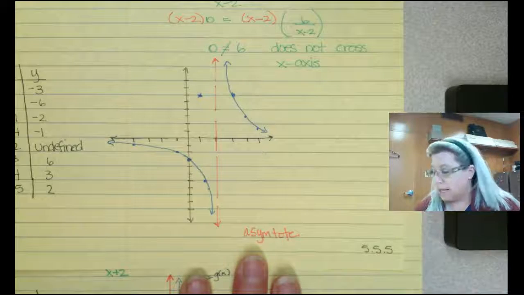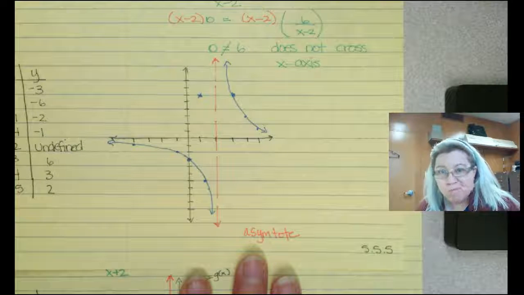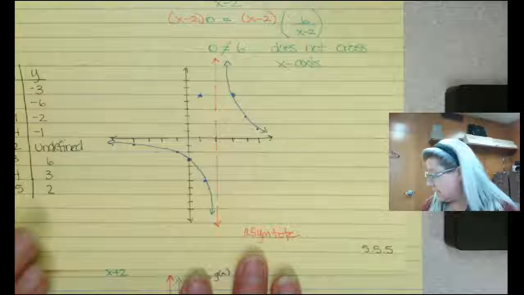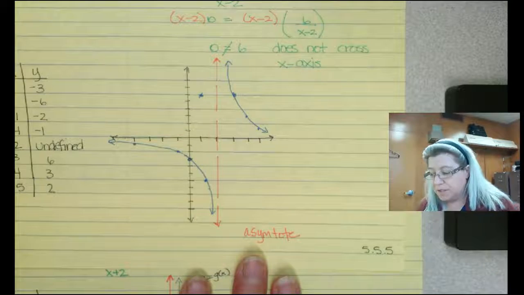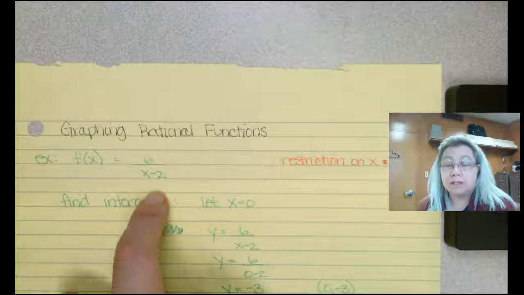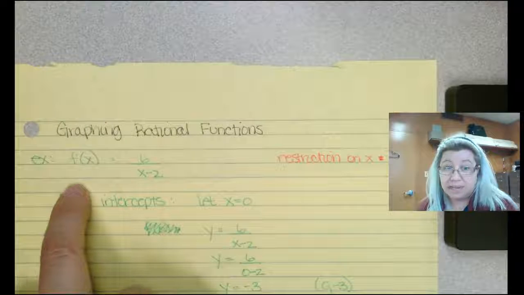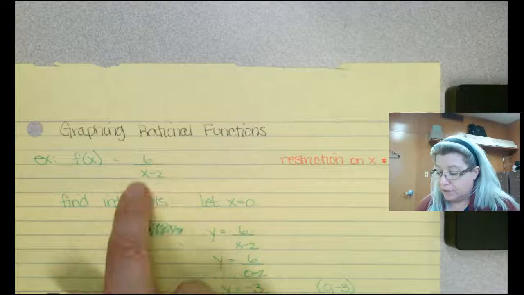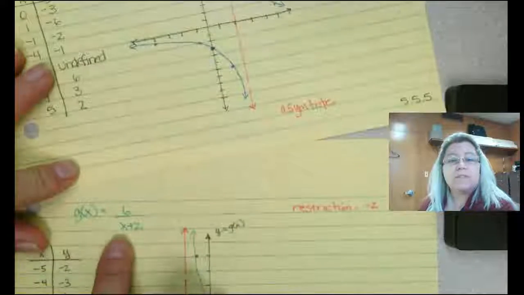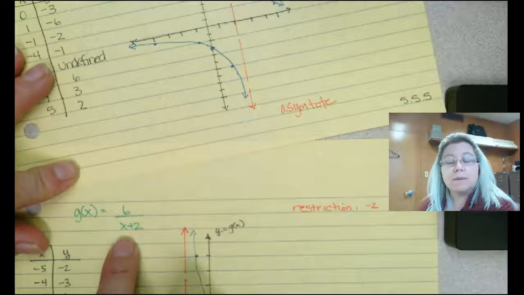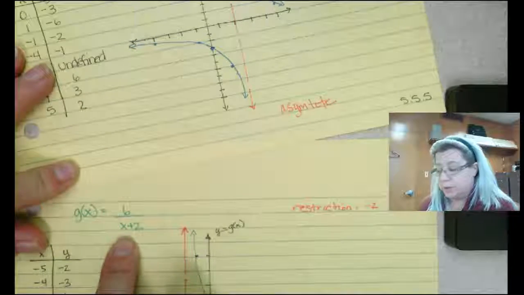Now I just want to show a little bit of comparison. Our first rational function that we did our graph was f of x equals 6 over x minus 2. Our second was g of x, 6 over x plus 2.